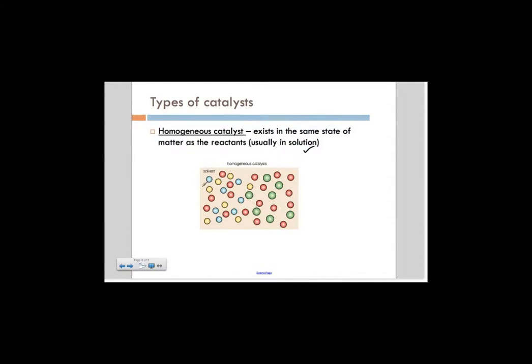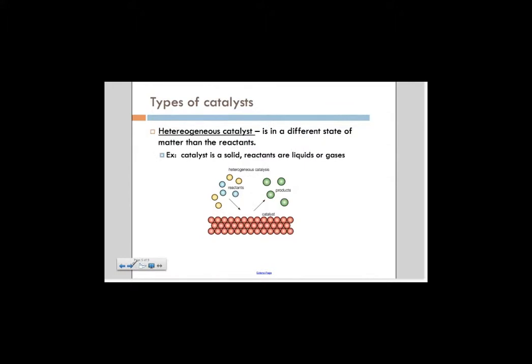In this picture, the tan background is your solvent, the blue and yellow species are your reactants, the green is your product, and the red is your catalyst. They all exist in solution together, and so each of your individual catalyst molecules can mediate the reaction between the blue and yellow particles.